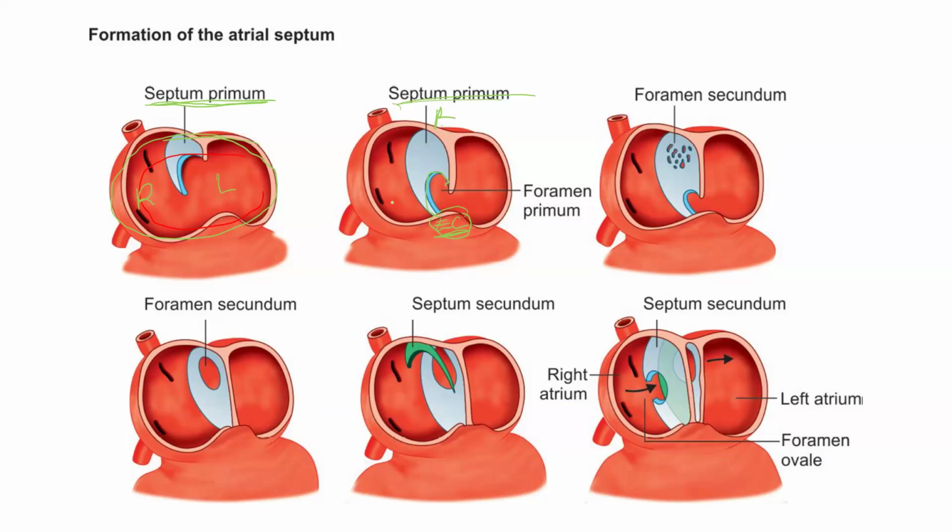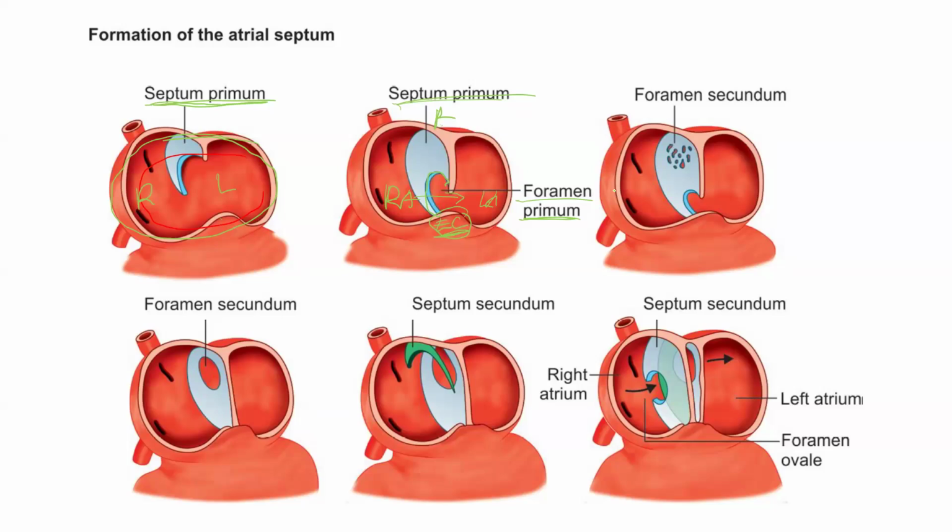And for that reason, blood within the right atrium can go to the left atrium via the primary foramen, what is known as the foramen primum, the premier foramen.